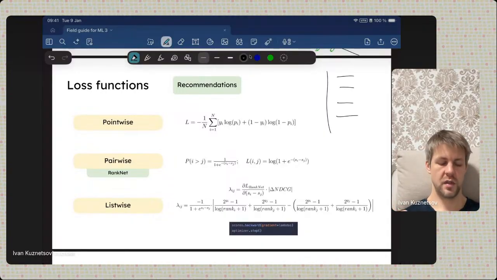So point-wise usually works, but point-wise doesn't tell us which particular item is better or worse compared to any other particular item, since all of these things are scored independently.